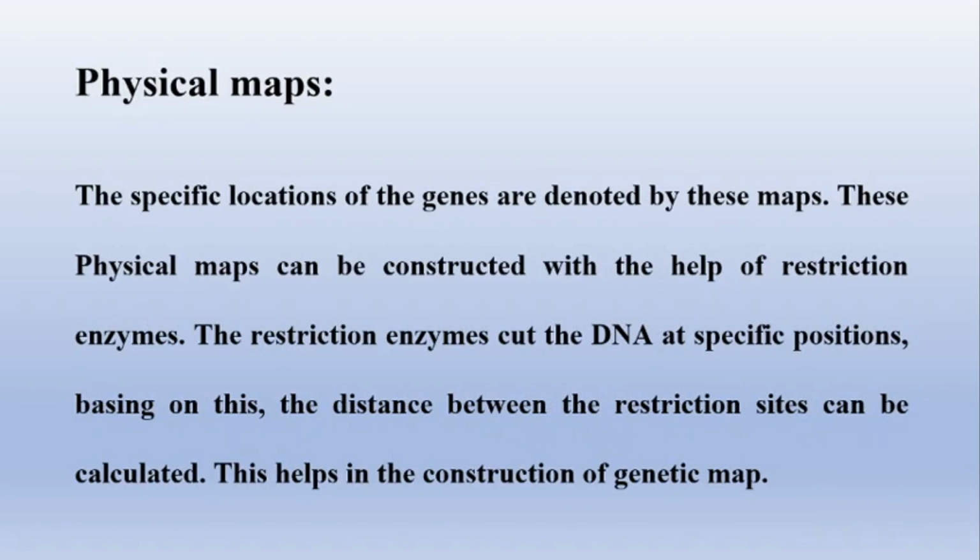Then coming to the physical maps, the specific locations of genes are denoted by physical maps. These maps can be constructed with the help of restriction endonucleases. The restriction enzymes cut the DNA at specific positions. Basing on this particular principle, the distance between the restriction sites can be calculated. This helps in the construction of genetic map.